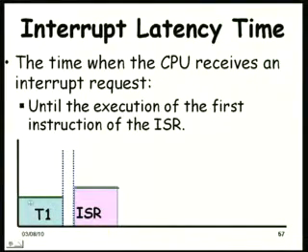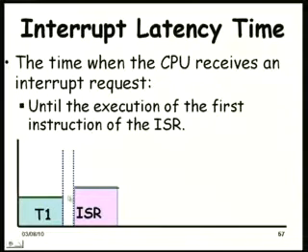So, let us say T1 was executing, and at some point the interrupt occurred, and it takes certain time before the interrupt service routine starts executing, the first instruction starts executing. So, the time it takes between the interrupt event to the first instruction of the ISR getting executed is the latency time.